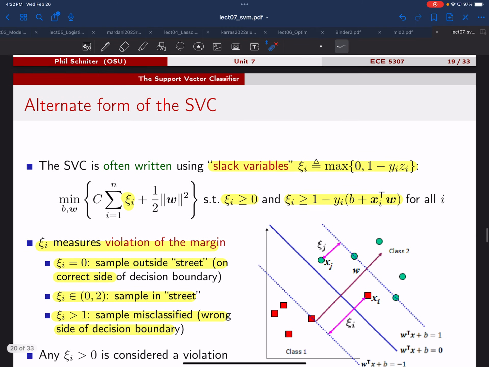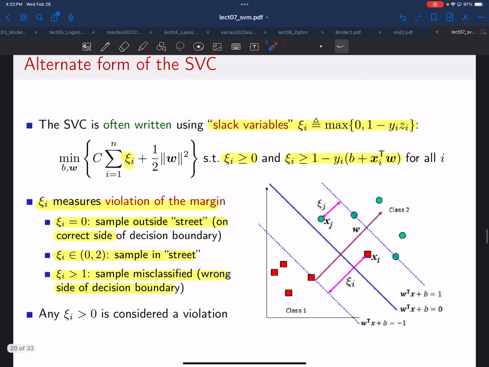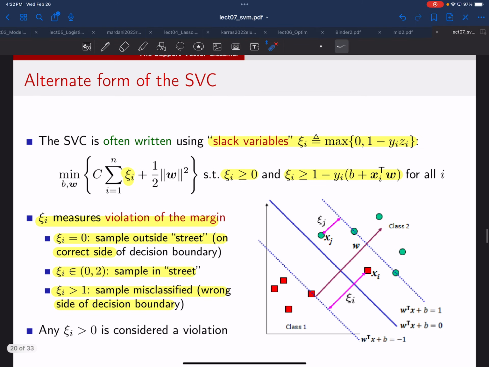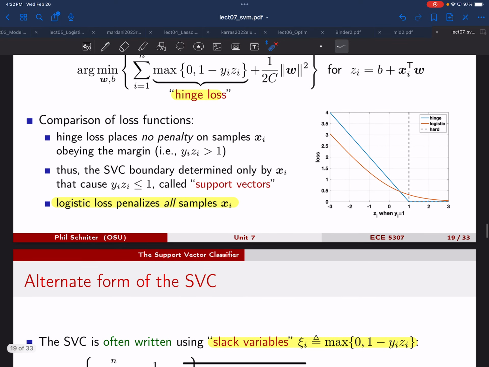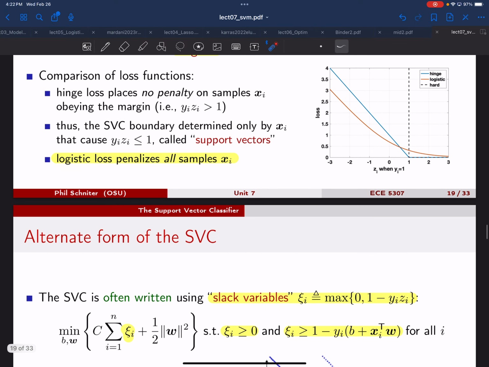Okay. And I think the last thing we talked about was another way that people write the SVC that you might see in some other sources. It's really not that big of a change. Essentially, you take this hinge loss thing and you basically give it a name, xi. And so then you just have xi inside the sum.